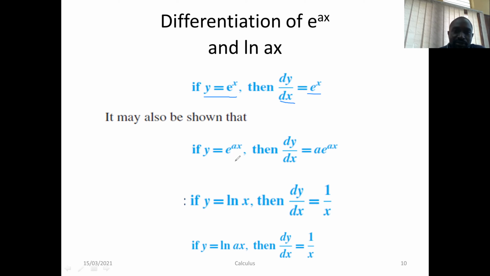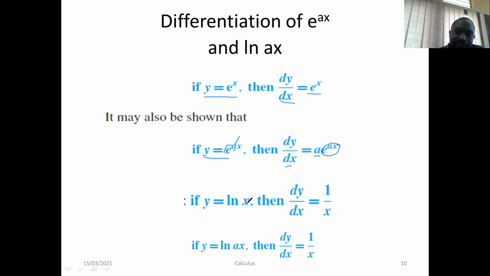But it may also be shown that if y is equal to e to the power ax, where you now have a constant a there, the rate of change of y with respect to x, dy over dx, will simply be: get this constant, bring it here, and then you replicate the same function as it has been given in y. So that becomes the rate of change of y with respect to x, dy over dx.